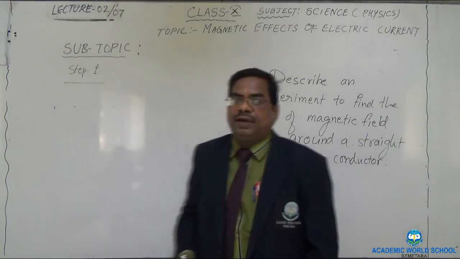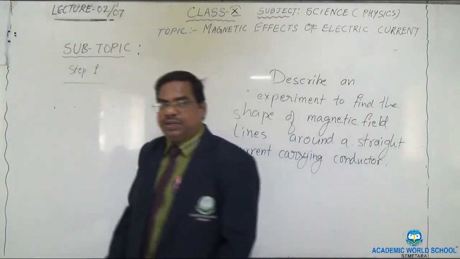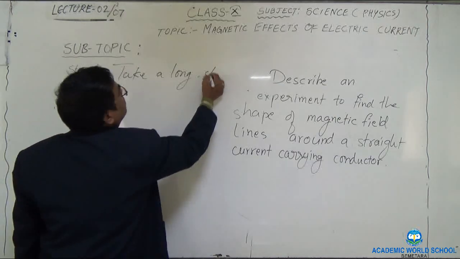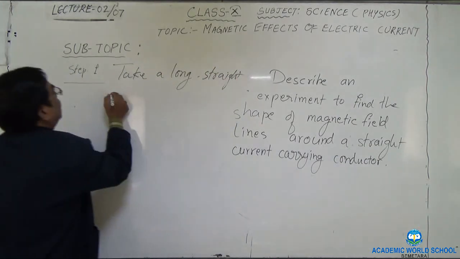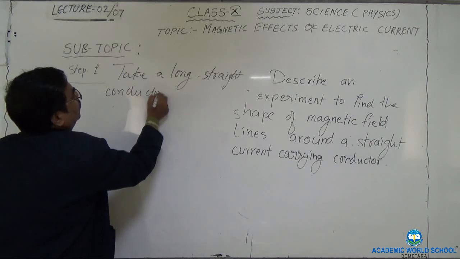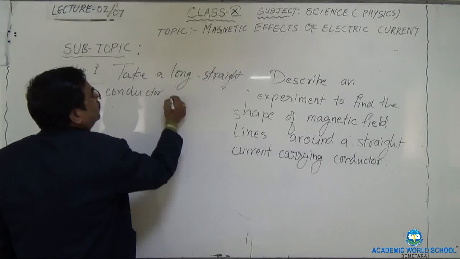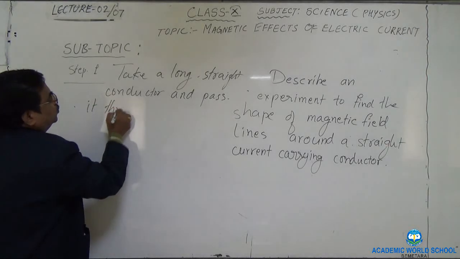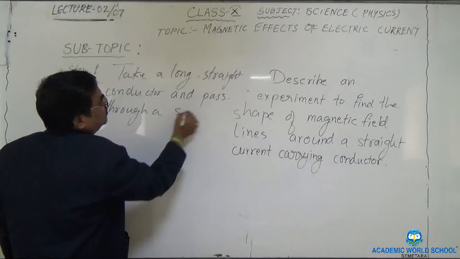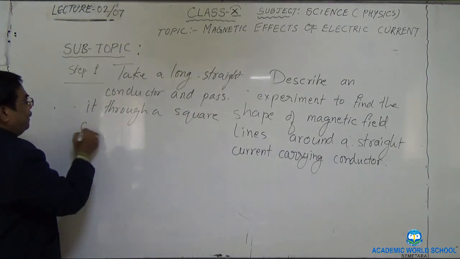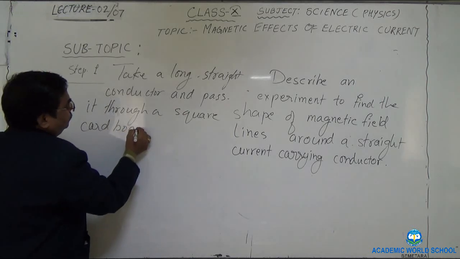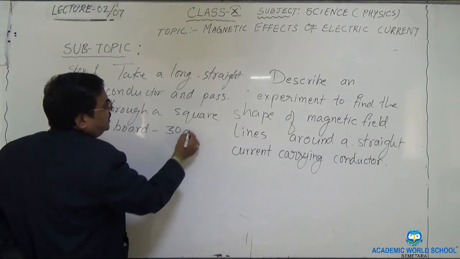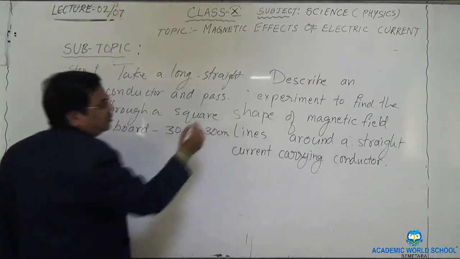Step 1, take a long straight conductor and pass it through a square cardboard, which must be of size 30 centimeter into 30 centimeter square.